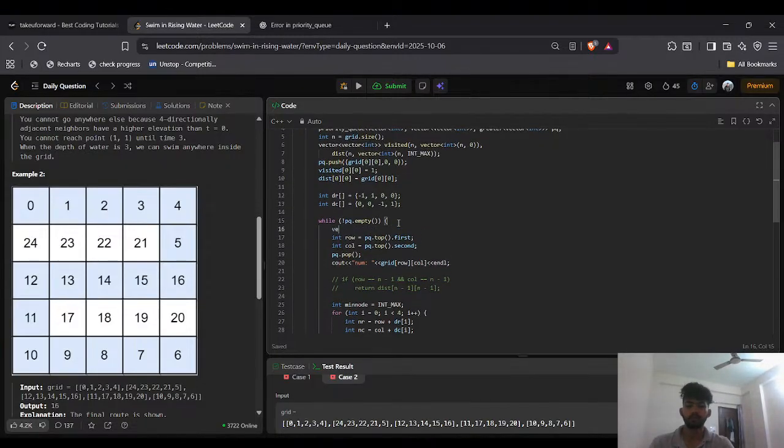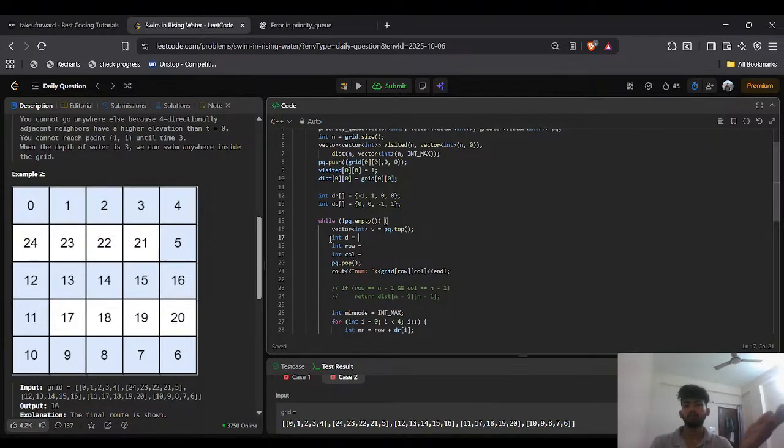Vector int v, pq dot pop. No, no. Also we need one more thing, that is int d for distance.